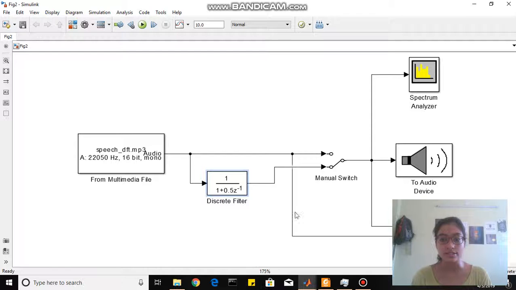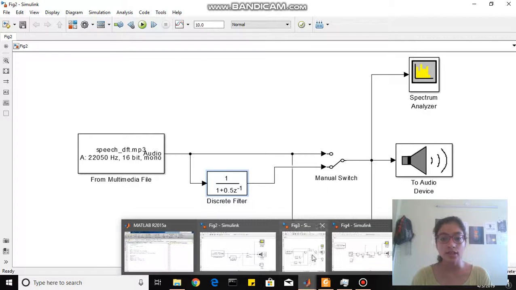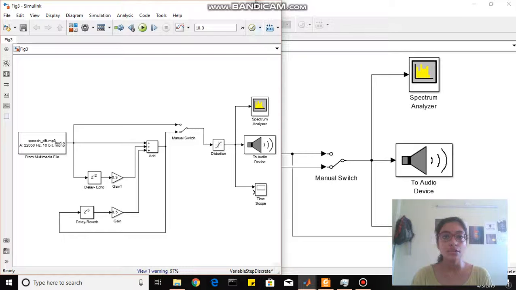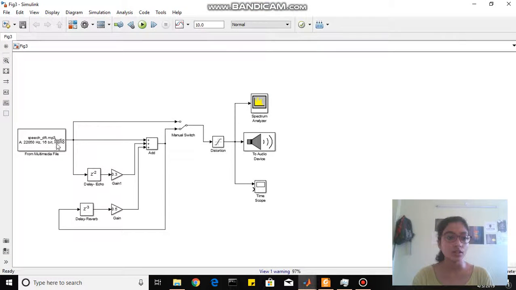similar output devices. Next, I have created another system which has a multimedia file that is being added to the same multimedia file with a particular delay and a particular gain. The output of this addition is then taken back and then delayed by some amount of time and then it is added again.